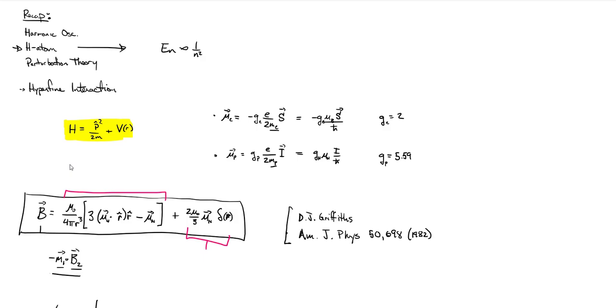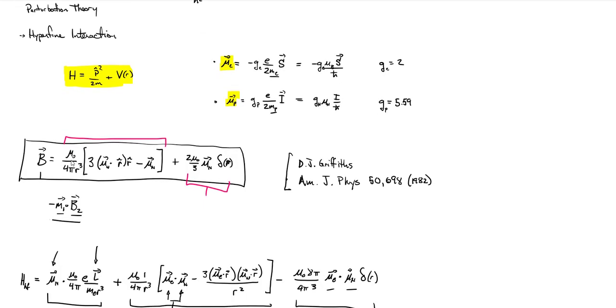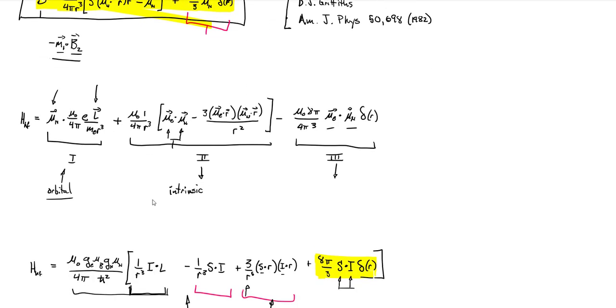If we consider the fact that both the electron and the nucleus have magnetic moments, and the magnetic field due to those magnetic moments, we can see that another interaction that's going to affect our energy levels is this magnetic dipole interaction, which leads to this hyperfine Hamiltonian.